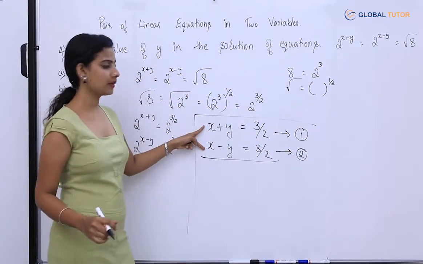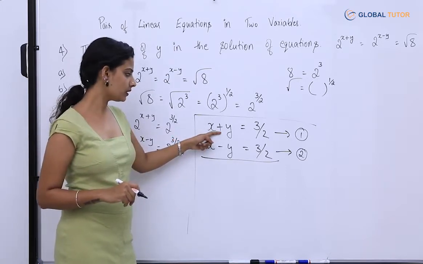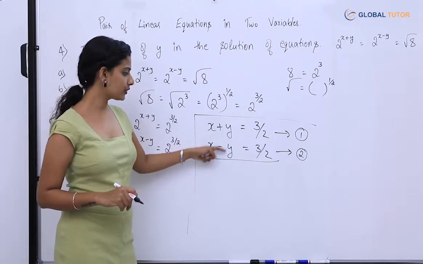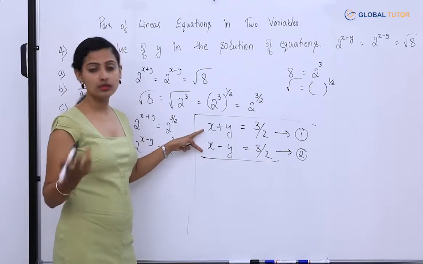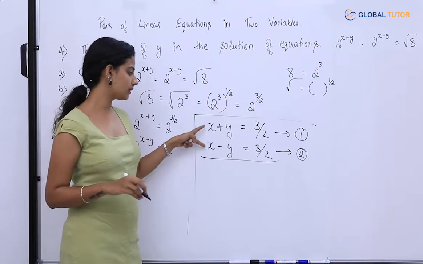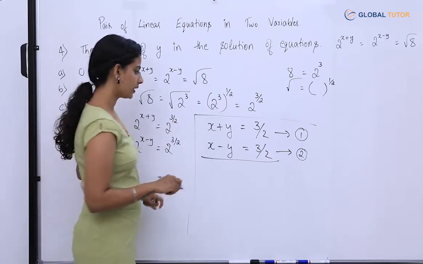So these are a pair of linear equations in two variables. If you see, there is plus and minus signs here while coefficients are same. So we can use elimination method. We can use substitution method, we can use elimination method, or we can use Cramer's rule. But it would be easy to use elimination method to get the answer quickly.